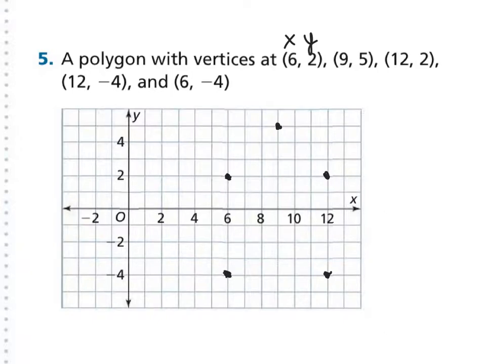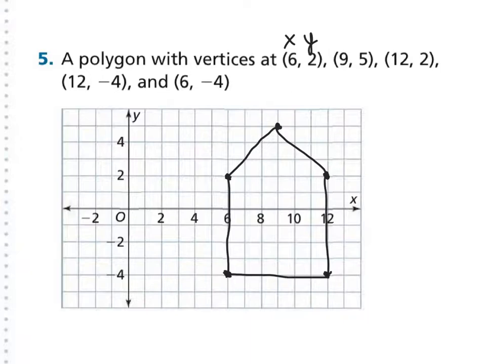Usually when they give you something like this, we can connect them in the order that they give these points to us. And that appears to be the case here. And so we've got some type of pentagon, looks like a home plate maybe, if you play baseball or softball.